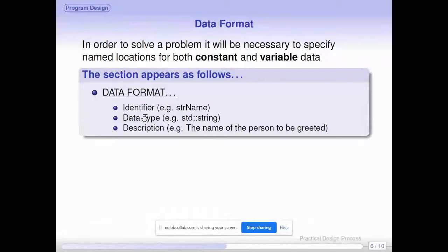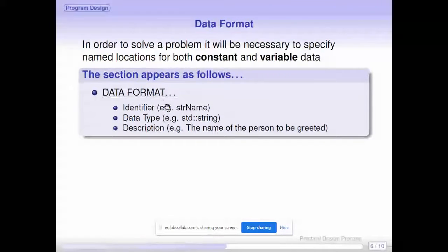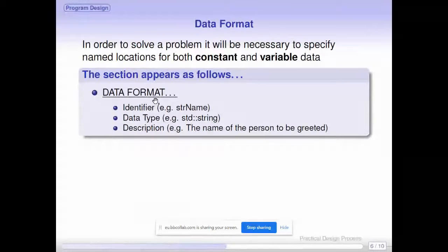Then for your data formats, you must specify the name of the identifier. If you remember from the tutorials, an identifier is a name that we as the programmer must assign to various things in our program as we write our program. The most obvious of those is the named storage locations where our values will be stored, which we refer to as variables. And as you've also seen, there are certain rules that apply to the kinds of values that can be stored in certain places. These rules are called a data type system.